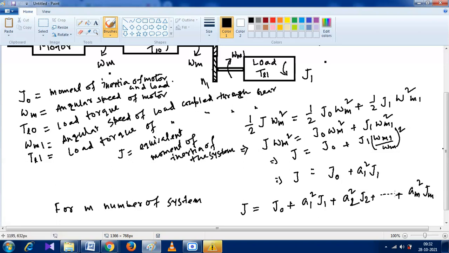If we have a system of m number which is coupled with gear, you can write like that. Have you understood that? Yes, sir. Okay.